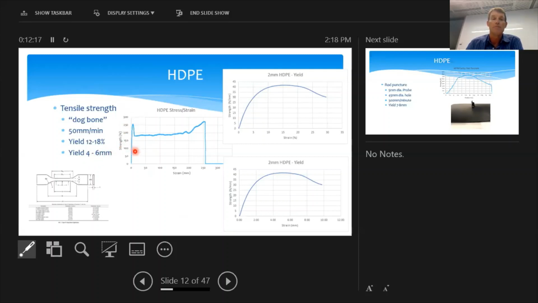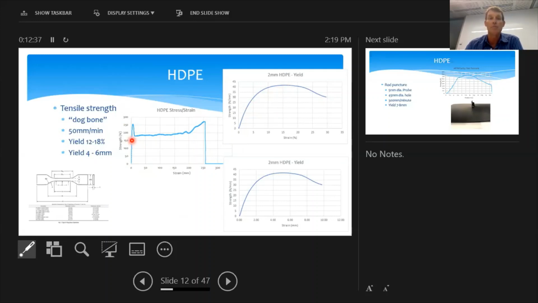And that's the typical stress strain curve for a HDPE, and you can see a defined yield point. It then gets into strain hardening and then reaches a peak, and it breaks at that end there. The zone that we're talking about for our analysis is essentially in this yield zone.